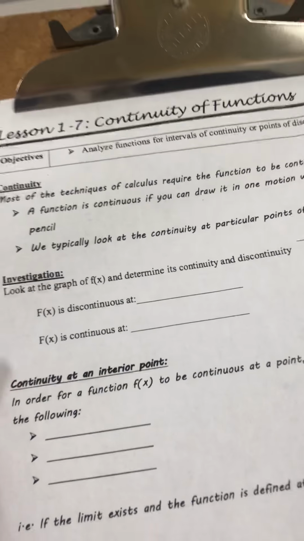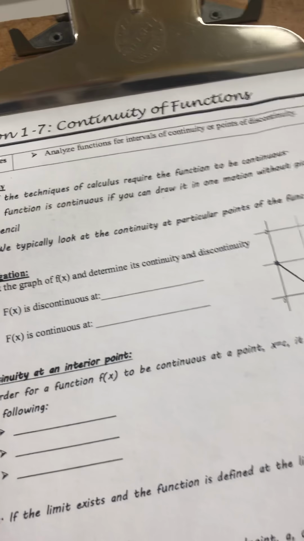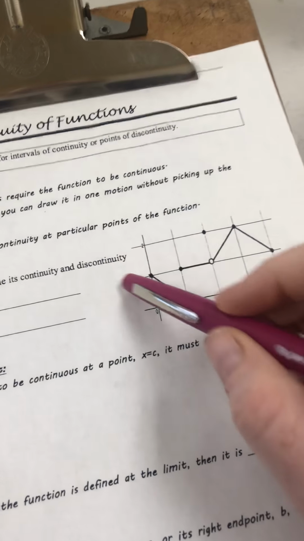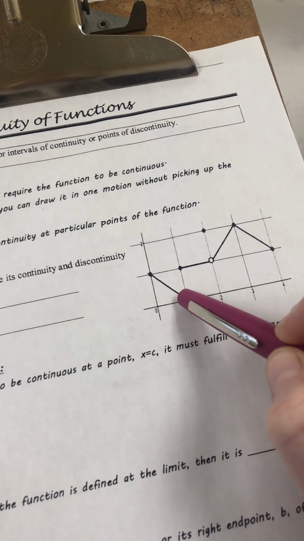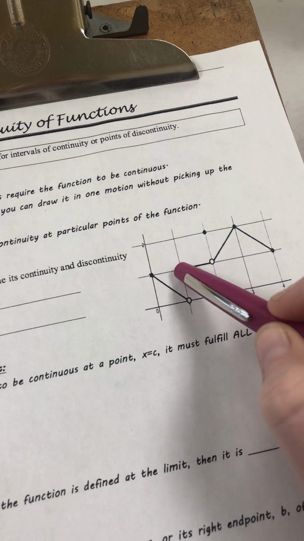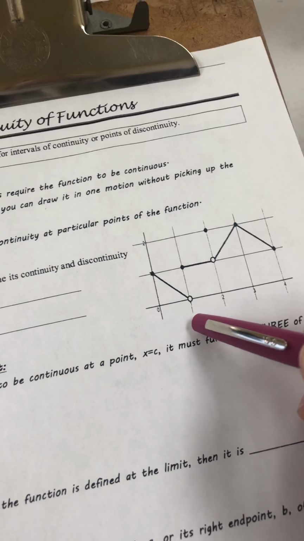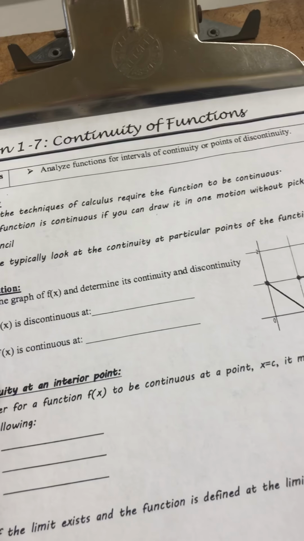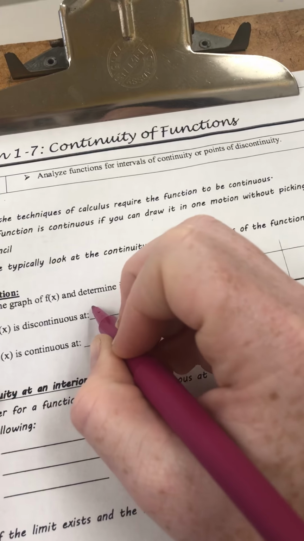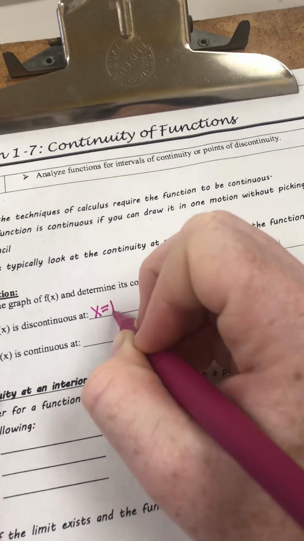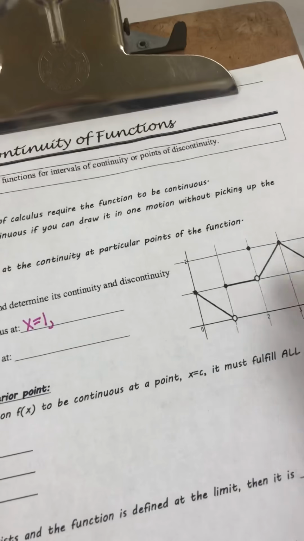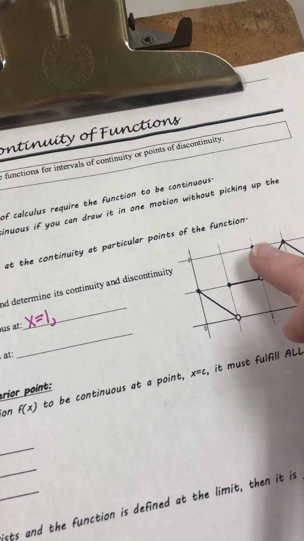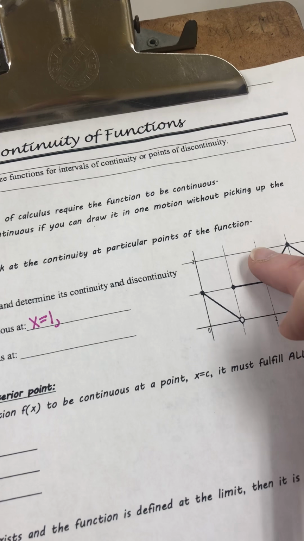So f of x is discontinuous at, well, if you look at the graph from left to right, if you use your pencil and draw, you can see you'd have to pick it up at f of 1 to continue the line. Okay, so it's discontinuous at x equals 1. Okay, where else? Well, I'd keep going, and then right here, the function is actually up at 2.